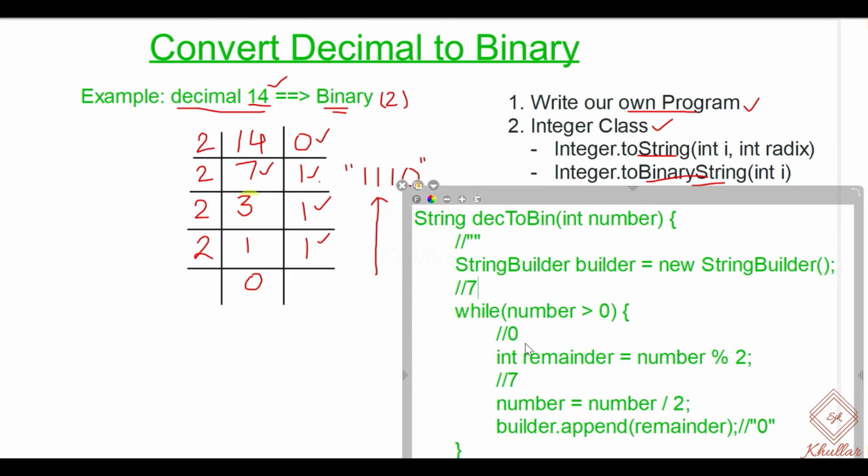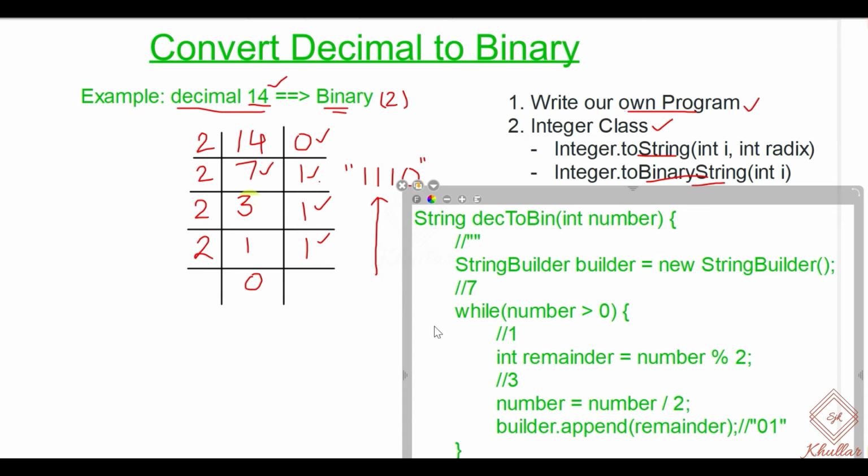When we say 7 modulo 2, we get the remainder 1, so we update the remainder to 1. Then we perform number by 2: 7 by 2 is 3, so the number becomes 3. Then we simply append the remainder, which is 1, to this string variable.